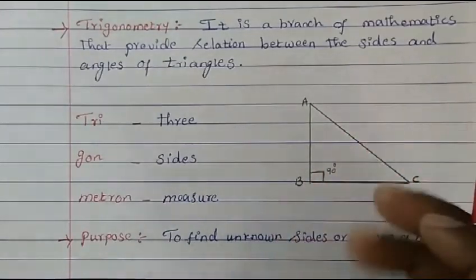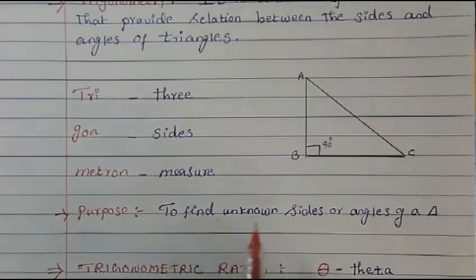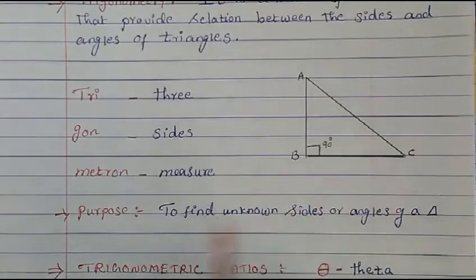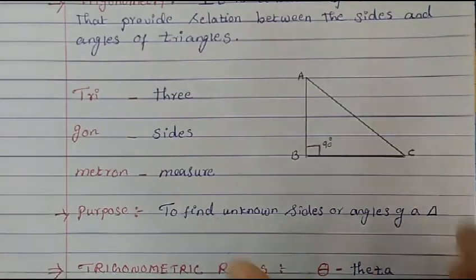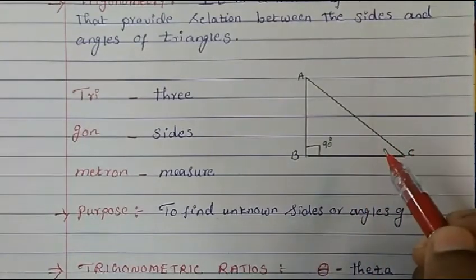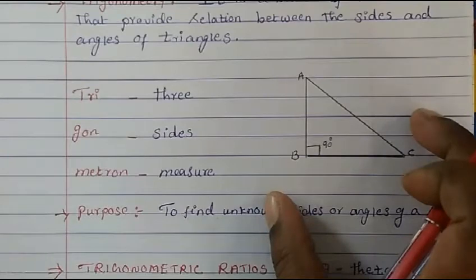What we have to study in this chapter is to find the unknown sides or angles of a triangle. So whichever side they are asking us to find, or whichever angle they are asking us to find the value of.